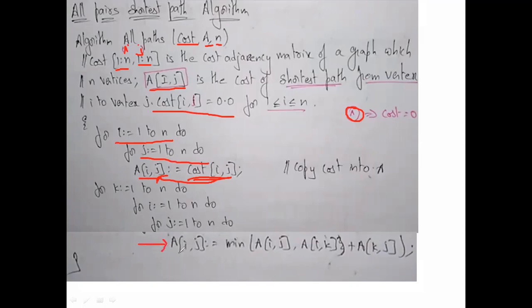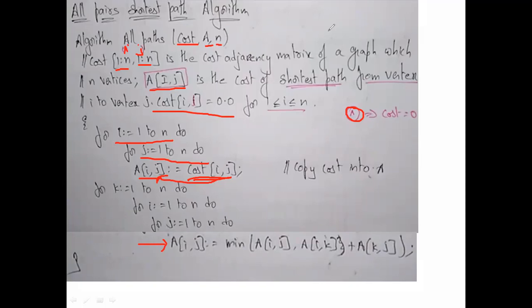There is the same formula: A of i comma j equal to minimum of A of i comma j, comma, A of i comma k plus A of k comma j. This is the formula for finding the minimum cost.